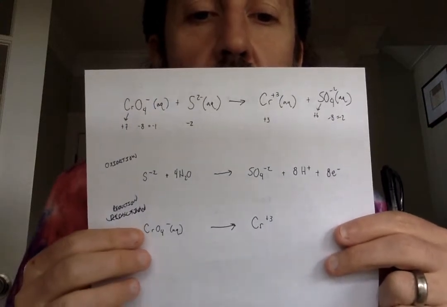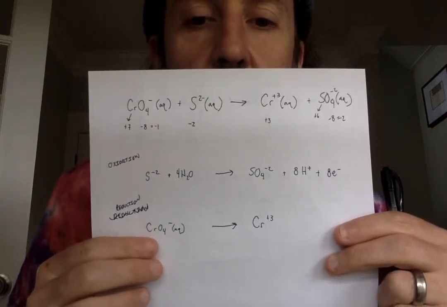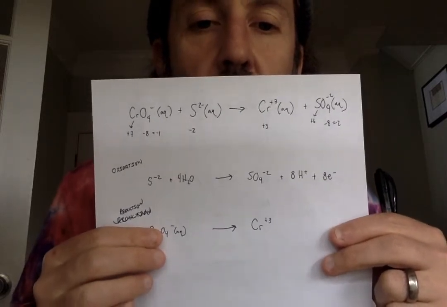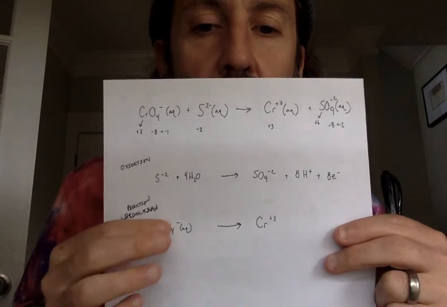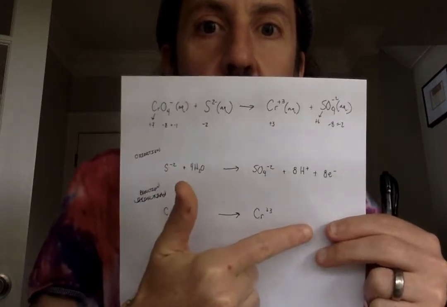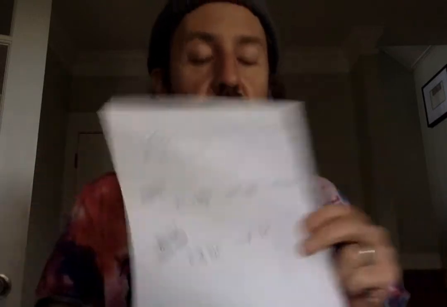So in this situation, I've got a problem here where my chromium is balanced again. So the water is going to go over here, which puts the hydrogen over here, and you're going to see how that works here in a second. So again, it is 4 waters to balance out those 4 oxygens.